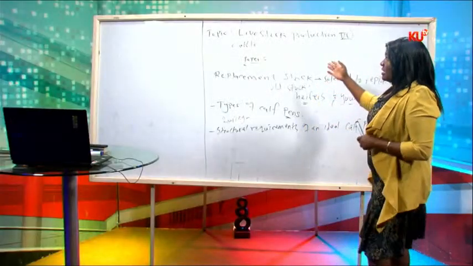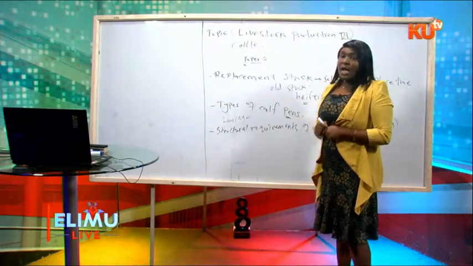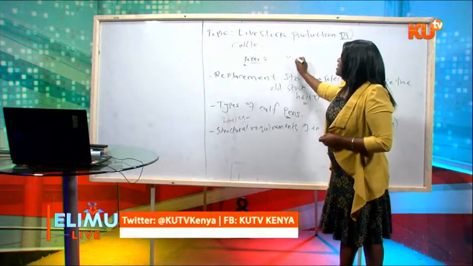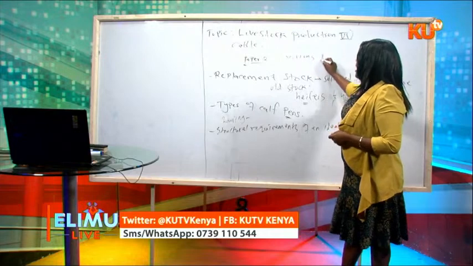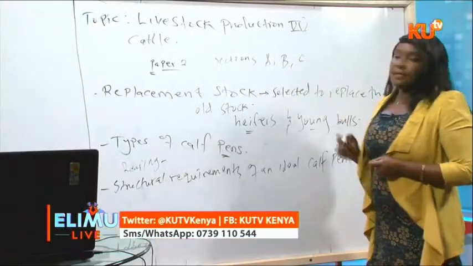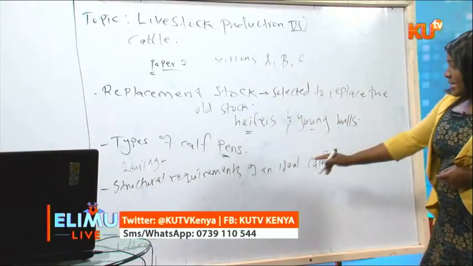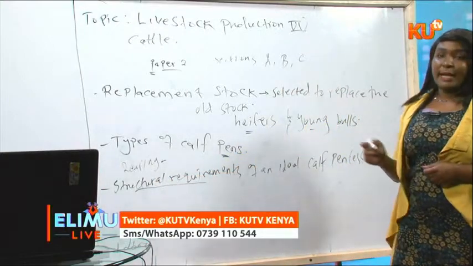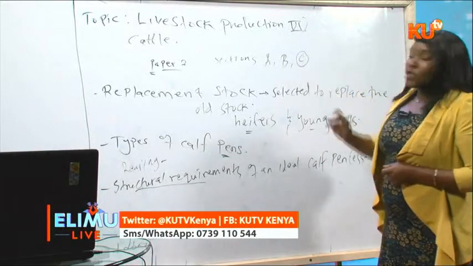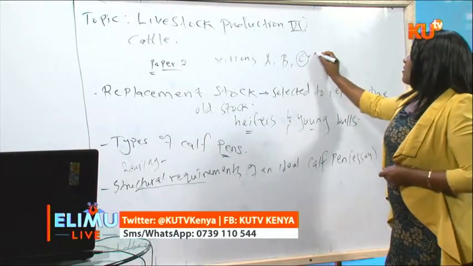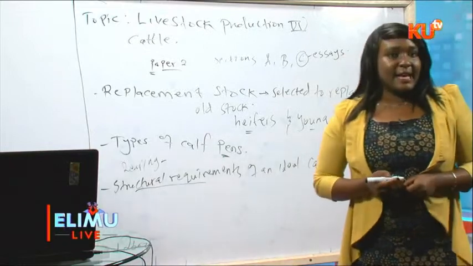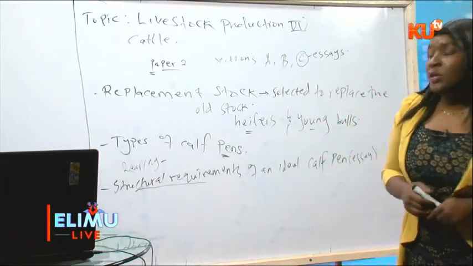At Form 4 level, by now you are familiar, we have already said that this is a topic in paper 2, and you know in paper 2 or in any paper in agriculture, we have sections A, B, and C. This bit of the structural requirements of an ideal calf pen is commonly tested in section C, which comprises of the essays, which can carry even up to 20 marks.